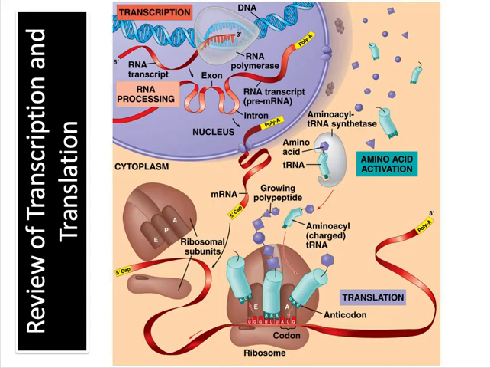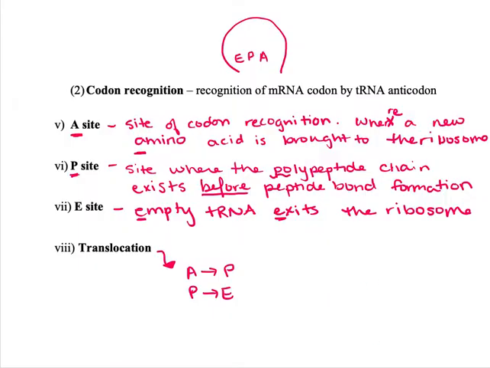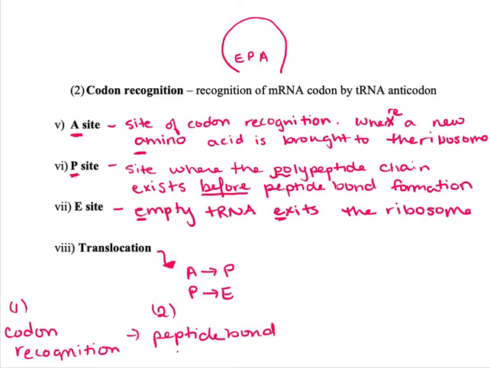So if we go back to this slide right here, I'd like to summarize that. The major processes that happen during translation occur in this order. The first thing that happens is codon recognition in that A site. The second thing that happens is we've got the peptide bond formation between the polypeptide chain that's in the P site and the new amino acid in the A site.